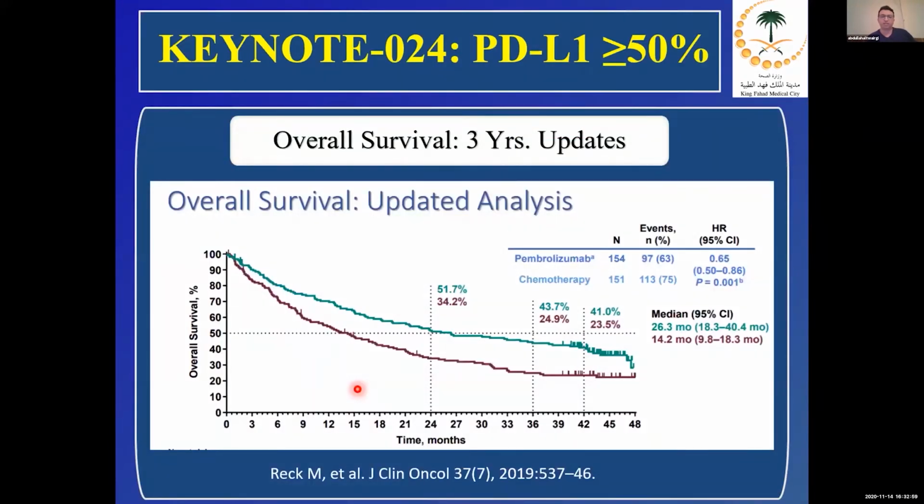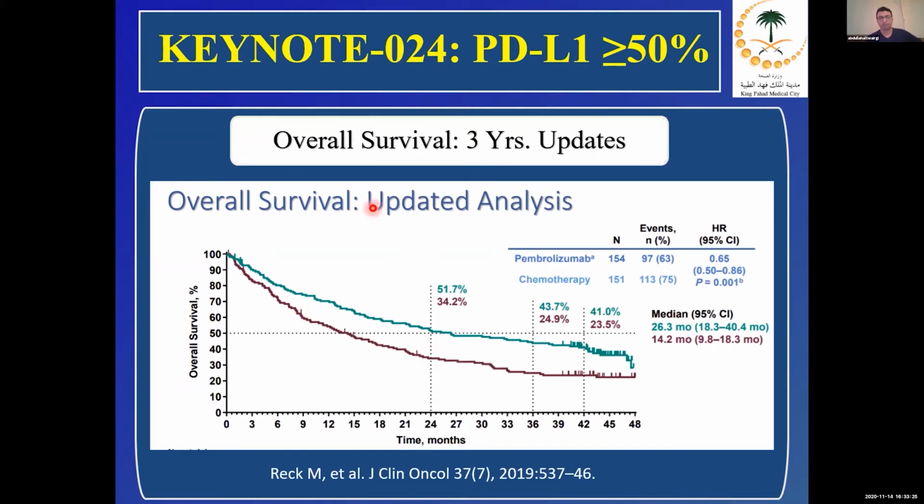The first one is KEYNOTE 24 that looked at pembro as a single agent versus chemotherapy, which is a platinum-based doublet, in patients who had not received any treatment in the first line. And what we have seen with this trial is that if you start with the checkpoint inhibitor, pembrolizumab, you can see a clear benefit in terms of outcome, which is survival.